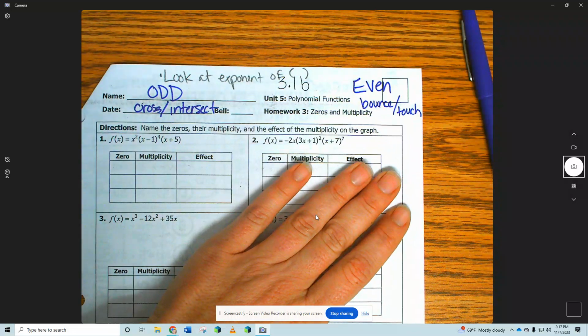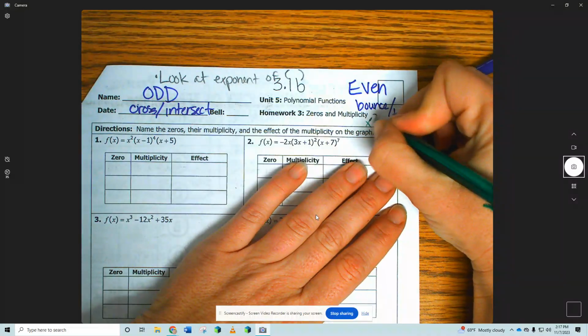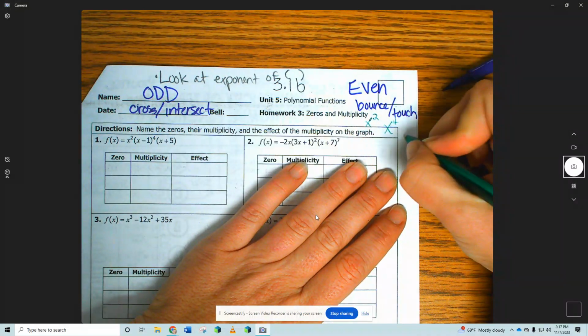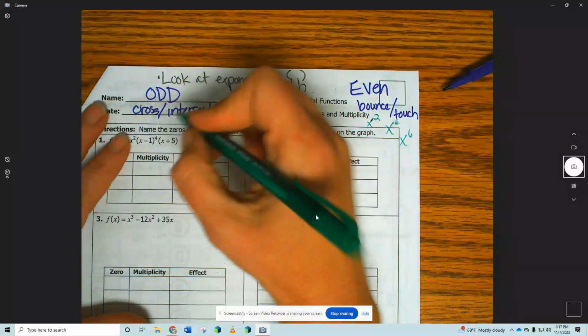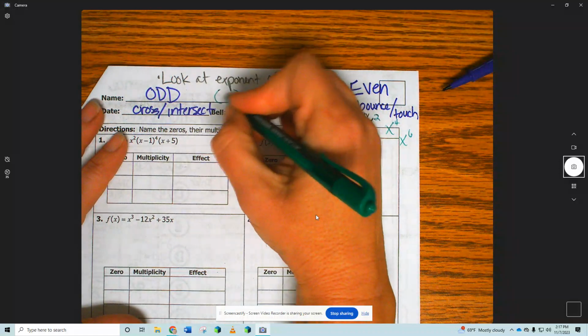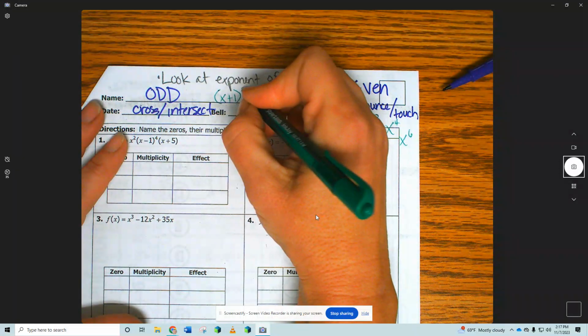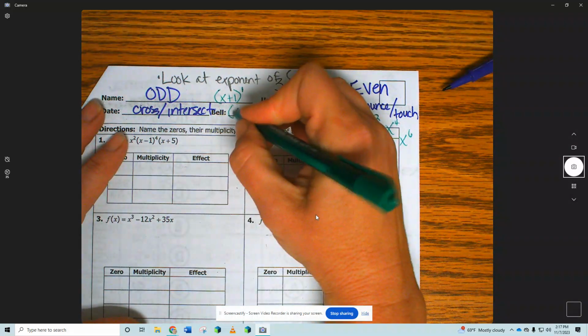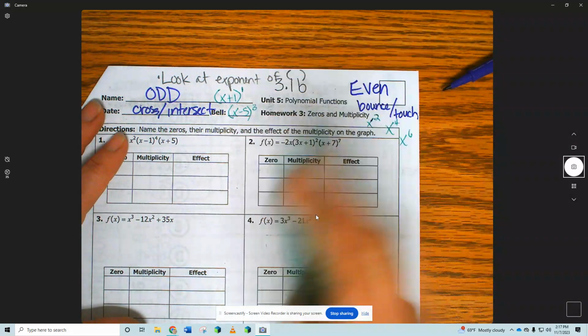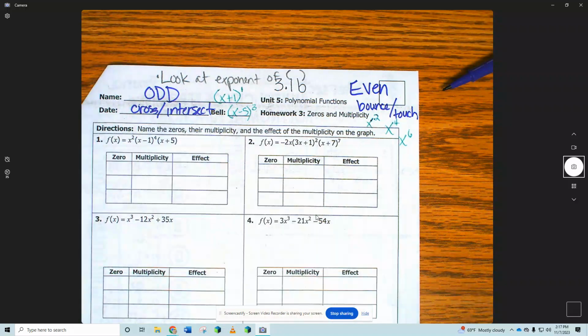That would be like x squared, x to the 4th, x to the 6th. Odd would be like if a parentheses, whatever's in the middle, I don't care, is the exponent a 1, that's odd. Is the exponent a 3? That's odd. The line would cross.